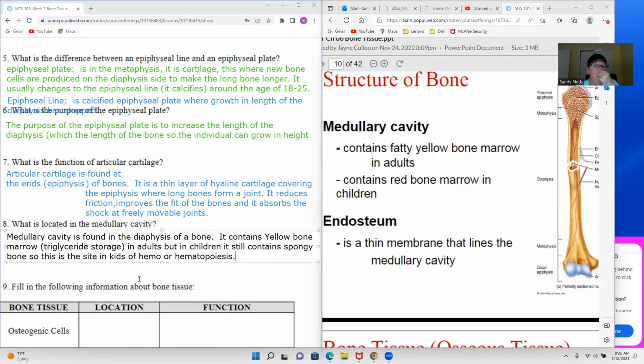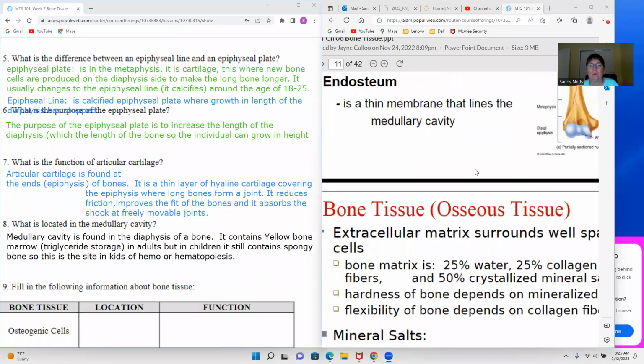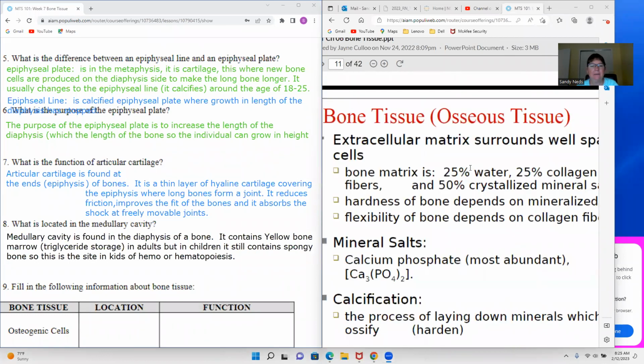Hematopoiesis in kids, but in adults, it's our triglyceride storage. And the endosteum and periosteum are linings that hold the blood vessels going into the bone so they don't get sheared off, holds the nerves so that they can easily pass. All right, so let me take this off so we can go to the next slide.